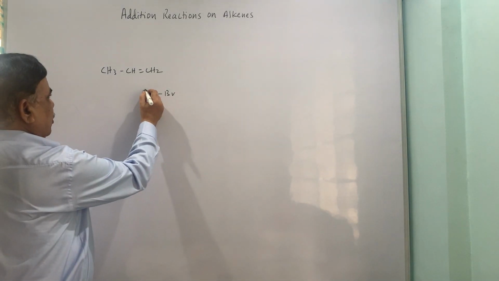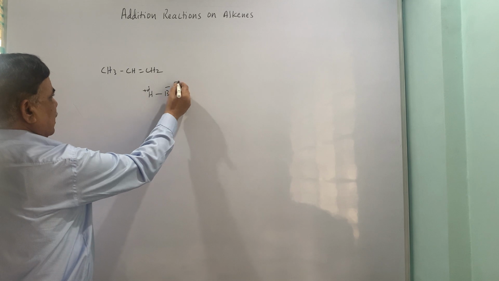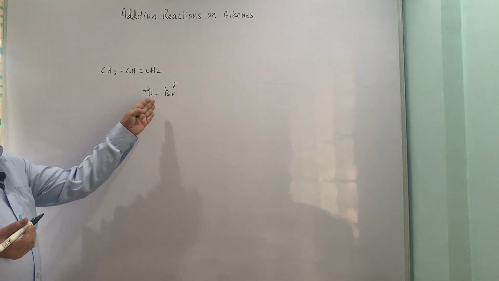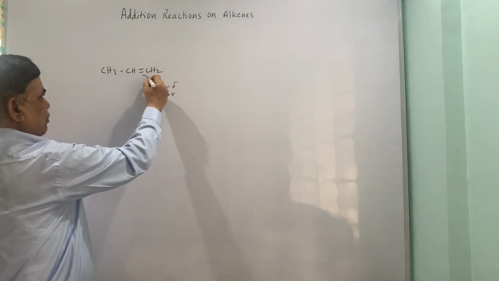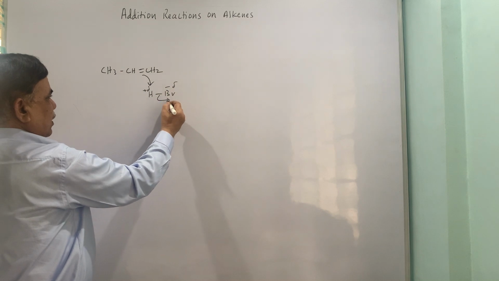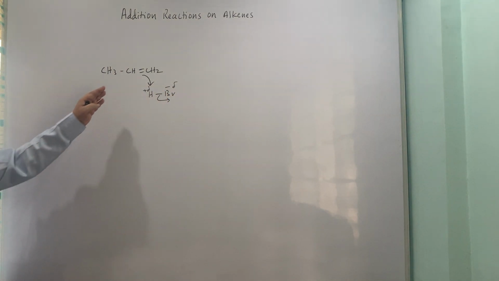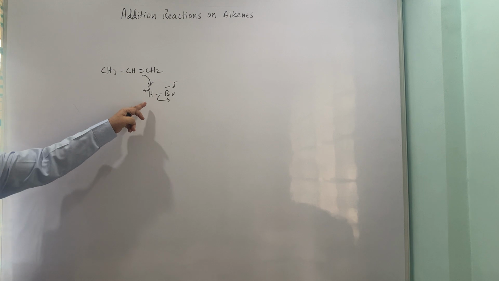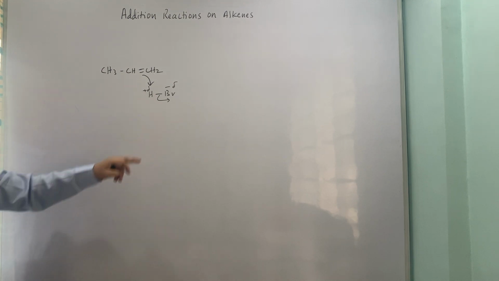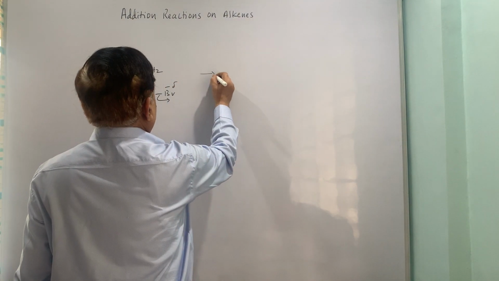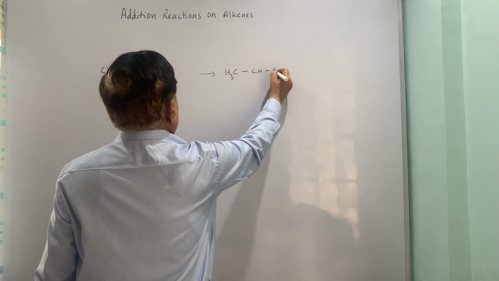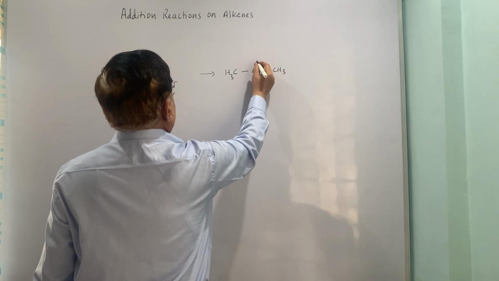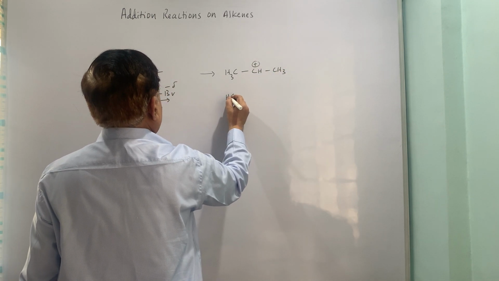Now, this molecule has a clear cut dipole because of the difference of electronegativity in hydrogen and bromine. So, naturally the first step is the flow of electrons from the double bond to the positive end of the dipole, and then there are two intermediates theoretically possible.